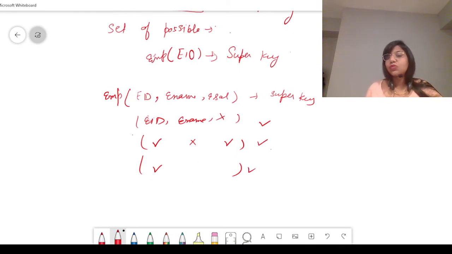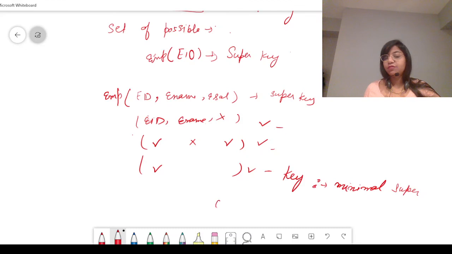We can take any super key as a key because each super key is capable of uniquely identifying each tuple. So any super key you can take as a key. A key is the minimal super key which is capable of uniquely identifying each tuple.